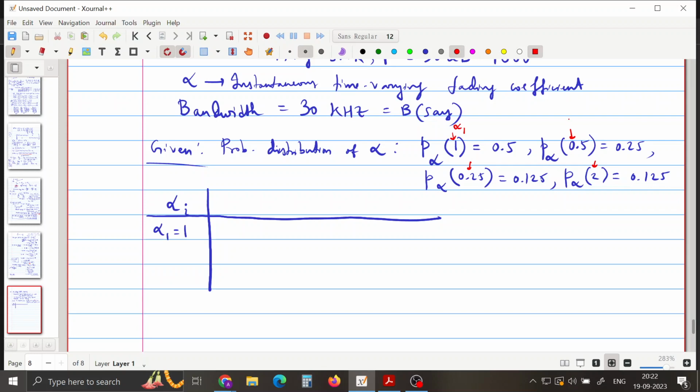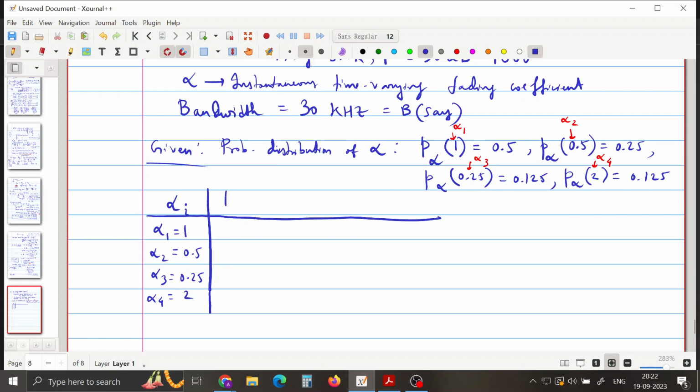This is alpha 1, alpha 2, alpha 3, alpha 4. Please ask me if you have any queries at any point. Alpha 3 is 0.25, alpha 4 is 2.